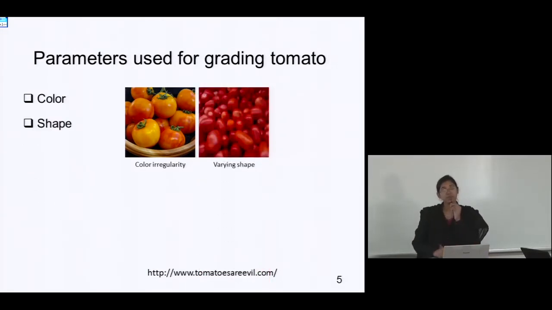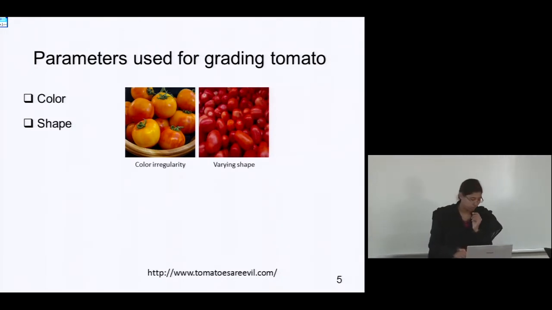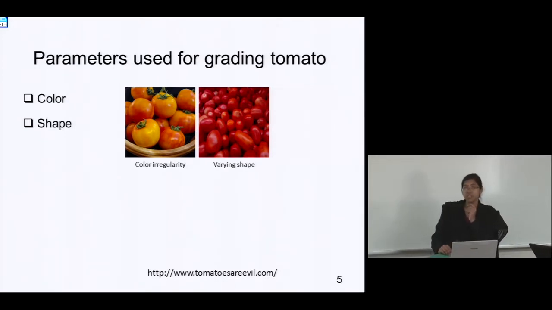Then shape. In this view we can see different shapes of tomato. Shape includes the circularity factor, complexity ratio, and the difference between maximum length and breadth of the tomato, which are derived from the apex side image.